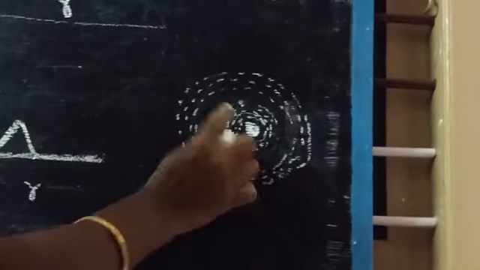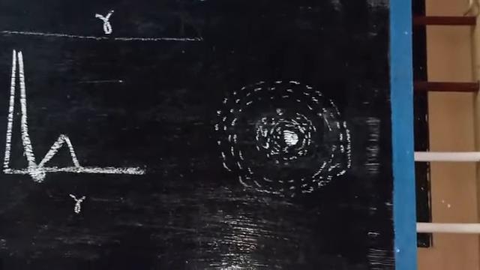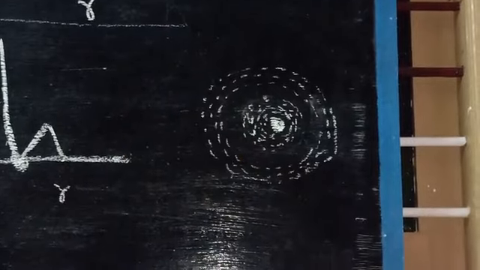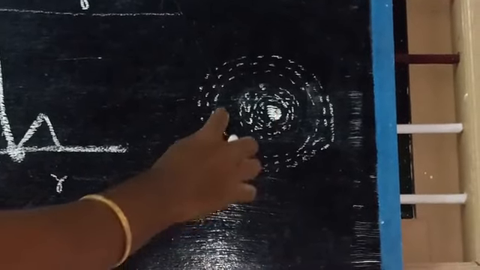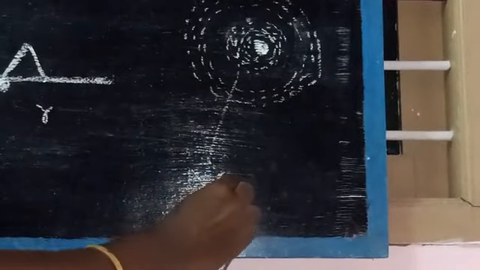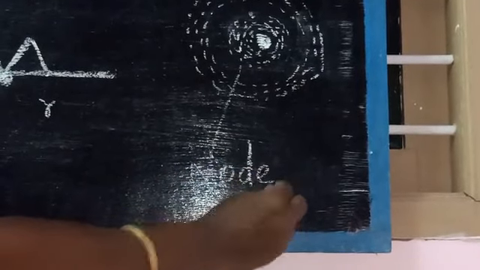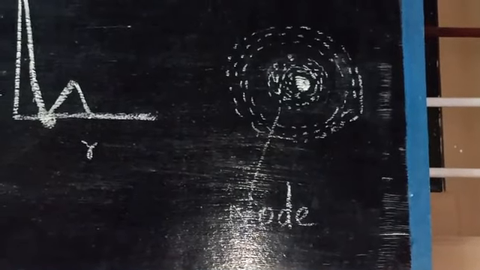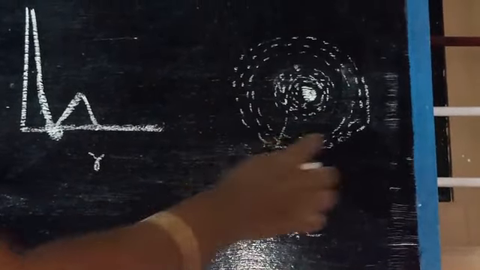This one set of electrons is for the 1s orbital. Next, here there is some empty space. Are you clear, children? This empty space is denoted as a node, N-O-D-E, or nodal surface.